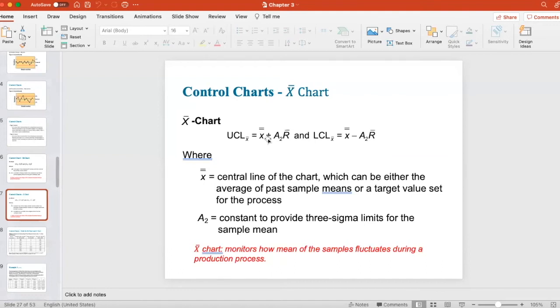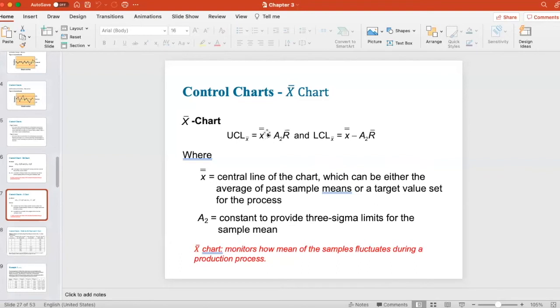But what is X double bar? You can even imagine that. Since we include multiple samples when we monitor quality management, every sample includes a sample mean. So X double bar represents the average of the sample means. Every sample has a mean, and the average of the sample means is represented by X double bar.